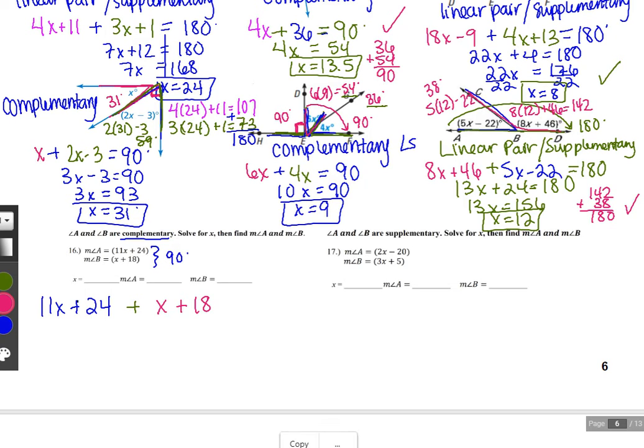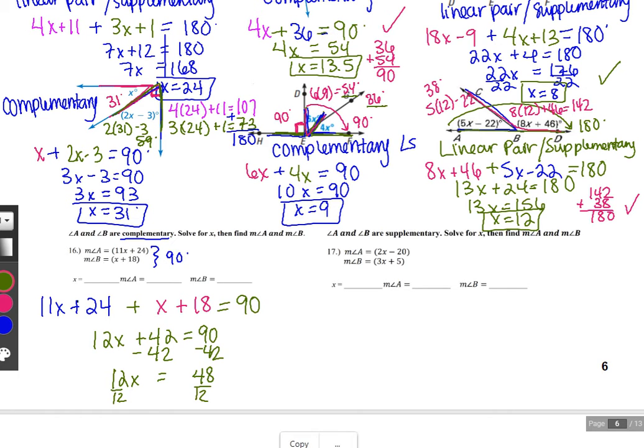So I have 12x, 11x plus 1x is going to give us 12x, and then 24 plus 18 gives us 42 equals 90 degrees. Subtract 42 on both sides, so I'll have 12x equals 48. And then divide by 12 on both sides. So x should be 4.